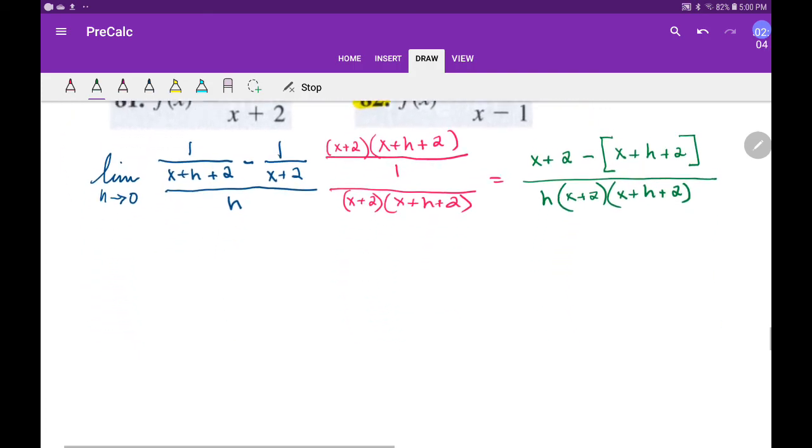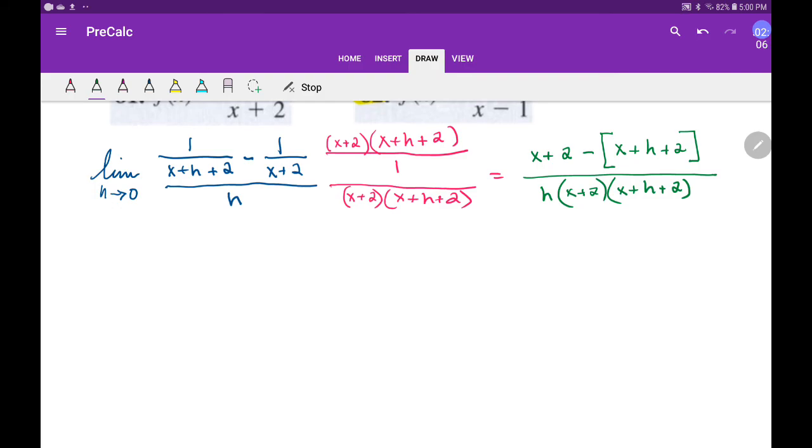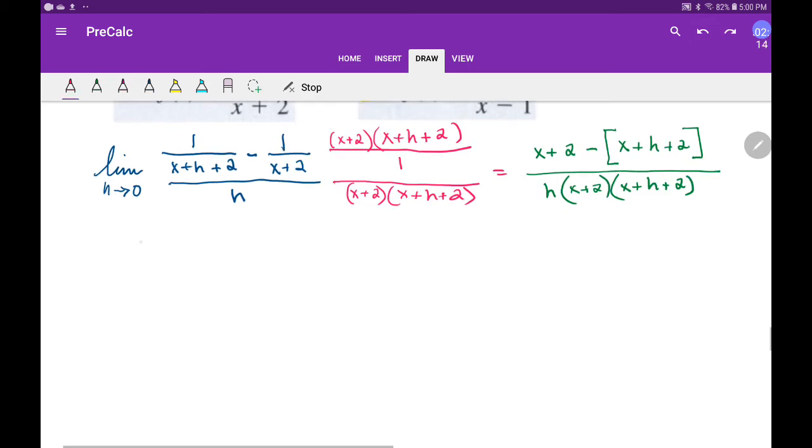Well, what happens? When I distribute the negative sign, notice that everything inside changes. So I get, let's use this color, x plus 2 minus h, minus x, then minus h, and then minus 2 over my common denominator. So it's still the same, hasn't changed.